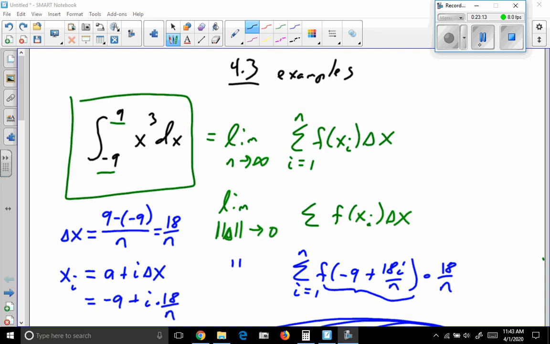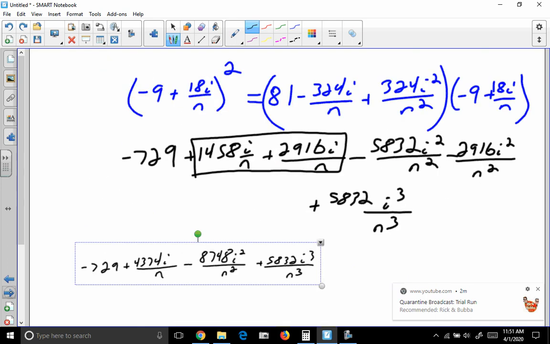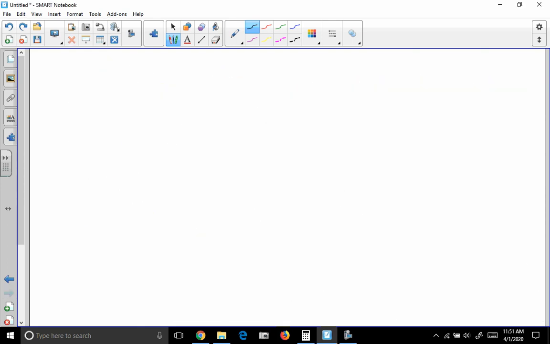Let's look at another type of problem. So now that we've gone through that long problem, let's do one that maybe will help your feelings a little bit. Number 2 asks us to rewrite this particular limit that is in Riemann sum formation.